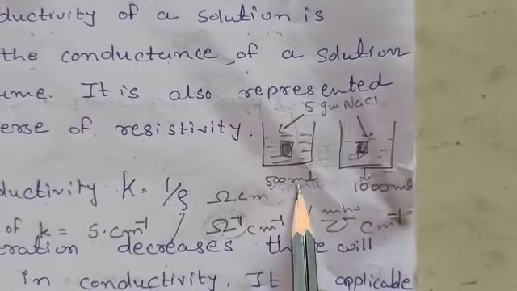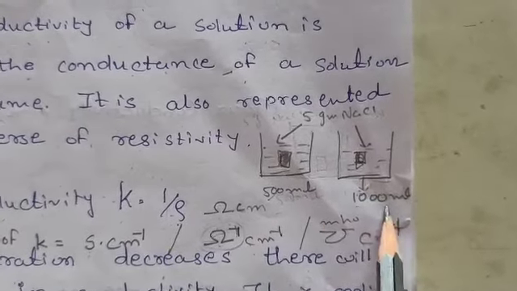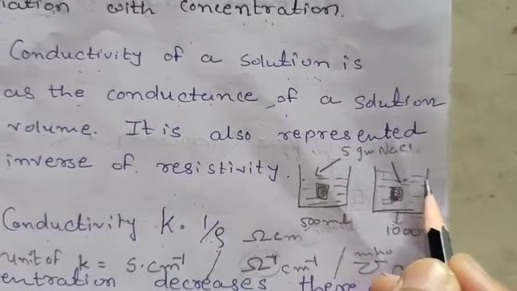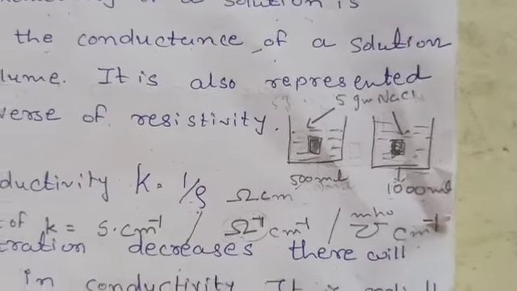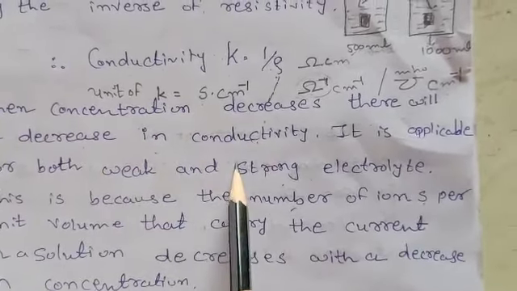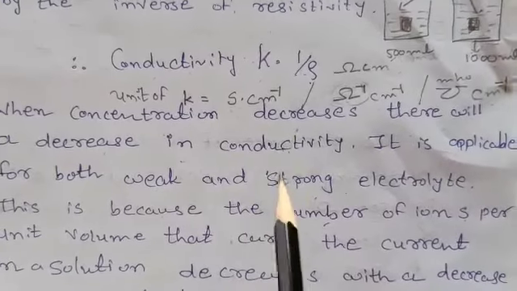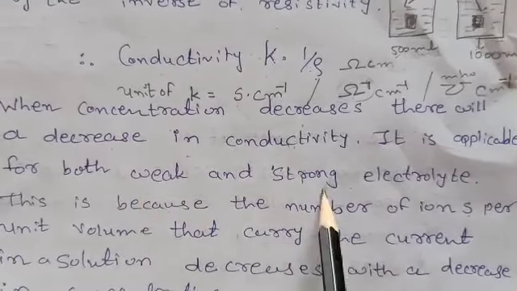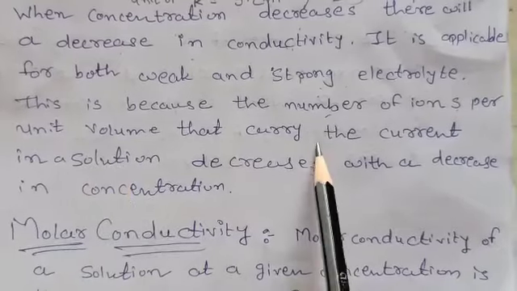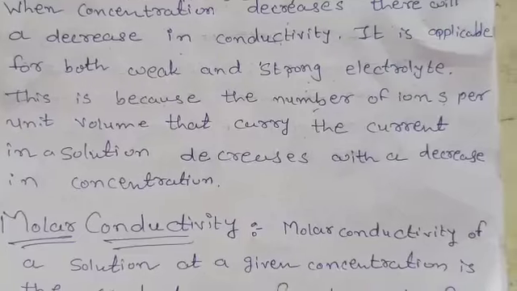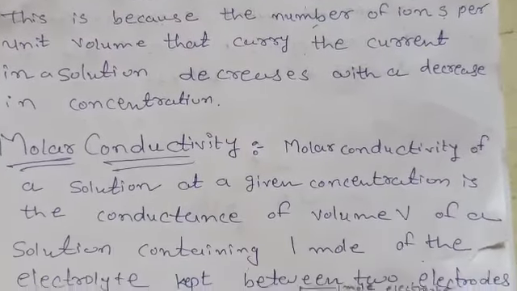If we dilute that solution and make it 1000 ml, the number of ions present per unit volume will decrease. So we can say that as the concentration decreases, there will be a decrease in the conductivity, right? And this is applicable for both weak and strong electrolytes, because the number of ions which carry the current in solution decreases with the decrease in concentration.